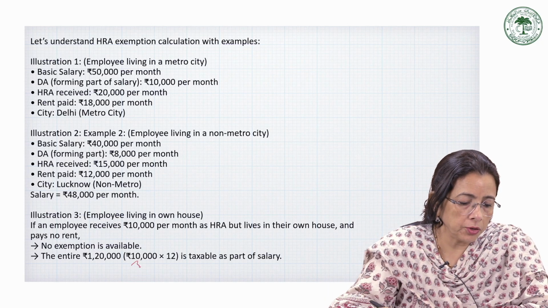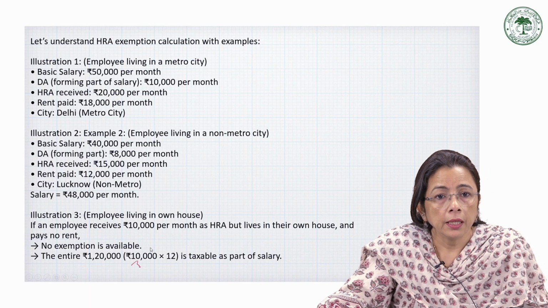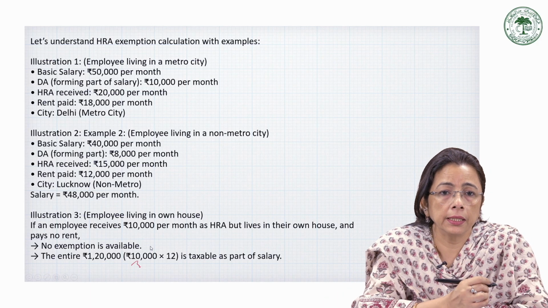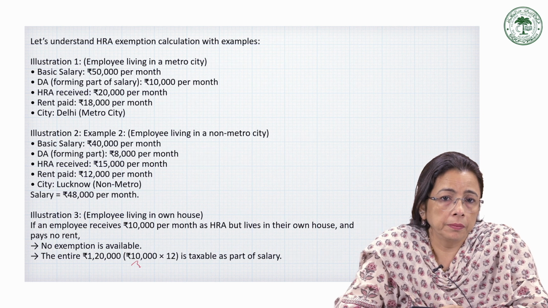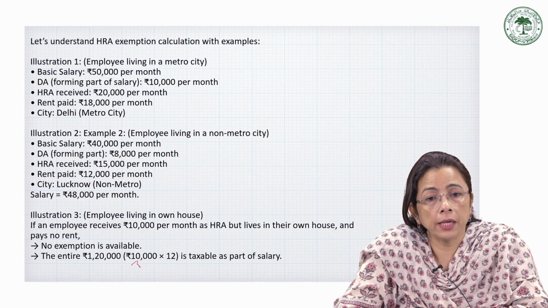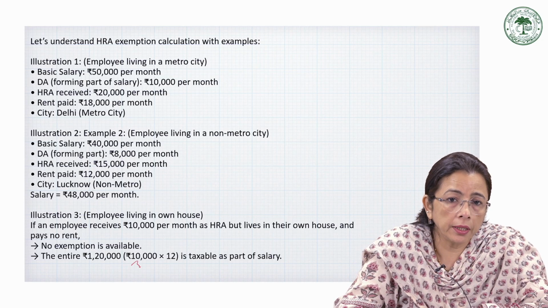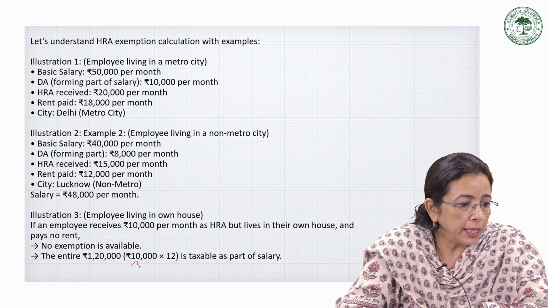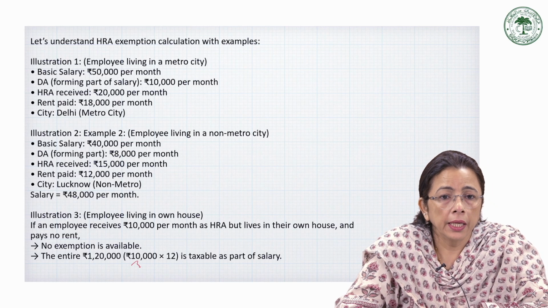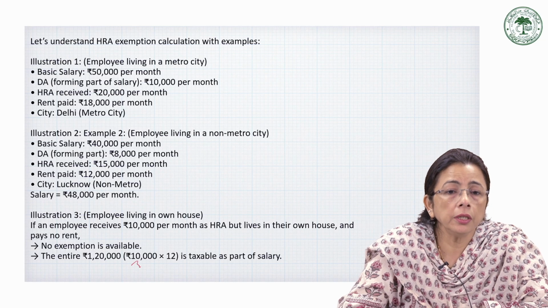Illustration 1, employees living in a metropolitan city. The illustration says that the basic salary is rupees 50,000 per month, DA forming part of salary is rupees 10,000 per month, HRA received is 20,000 per month, rent paid is 18,000 per month, and the city is Delhi, that is, a metropolitan city.